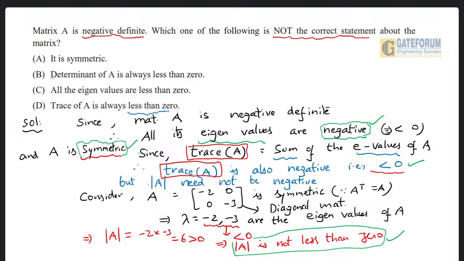Accordingly, which one of the following is not the correct statement? This tick means correct. So is the last statement a correct statement or not? Determinant of a matrix A is always less than 0, which is not the correct statement. So accordingly, the option is B. This is the end of the question.